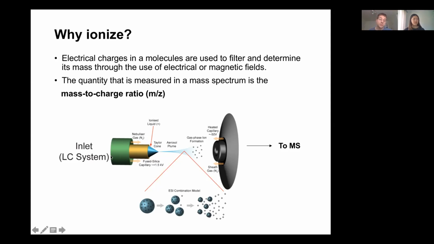So with electrospray ionization, it's really nice because it's a soft ionization technique and it generates multiply charged ions. And this is different from other soft ionization techniques. But this is really good for proteins and peptides because it widens the mass to charge range.